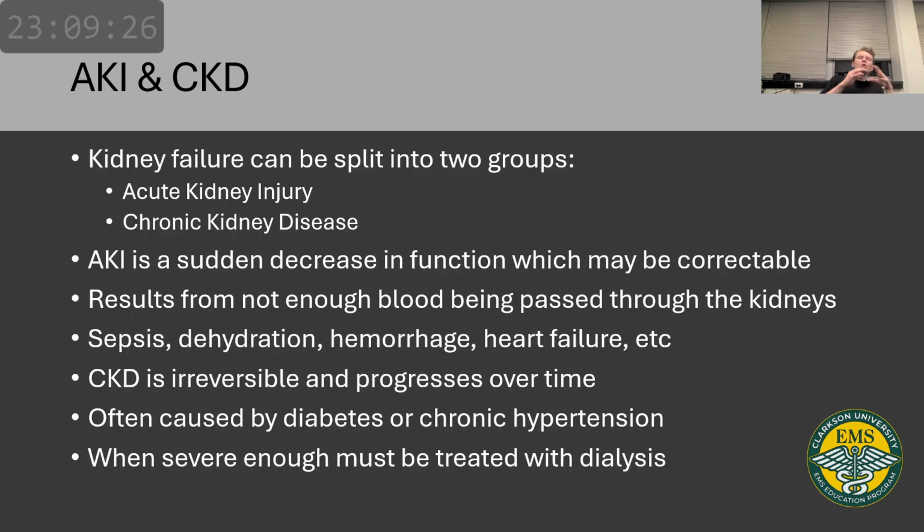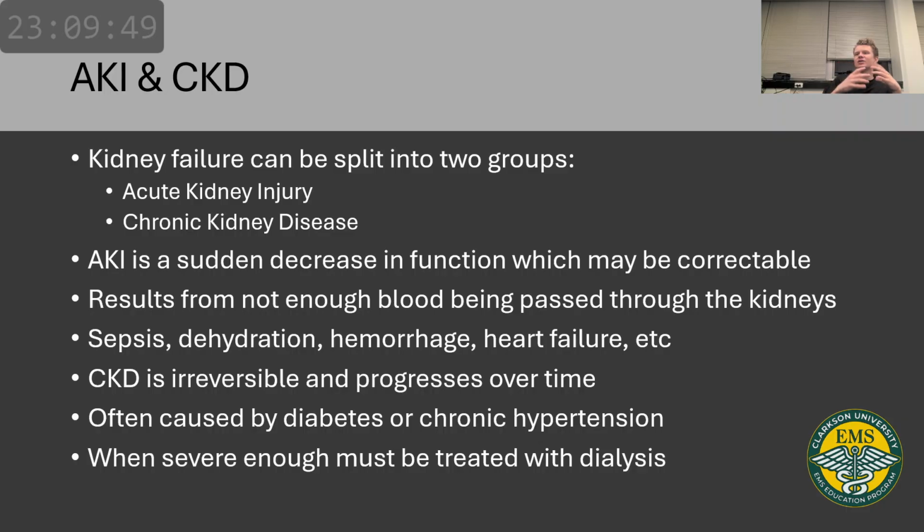Most often it comes from the kidneys not getting enough blood passed through them. That leads to a lot of other issues as well. We start to build up acidity, we start to build up nitrogen, we start to build up all these other waste products. And our kidneys don't work as well over time if we don't perfuse them well enough.